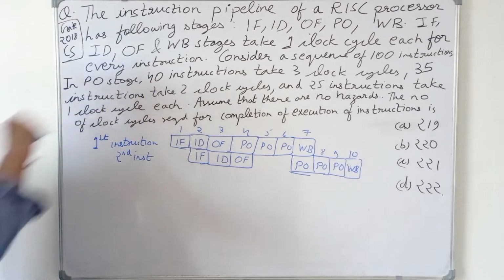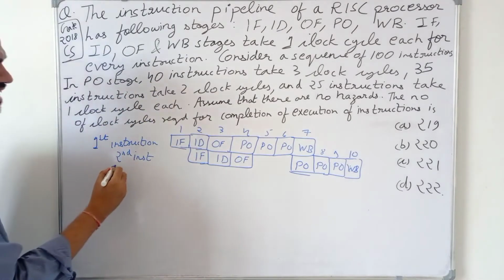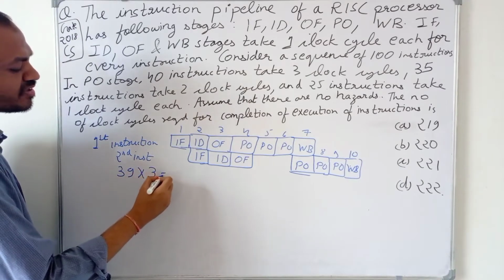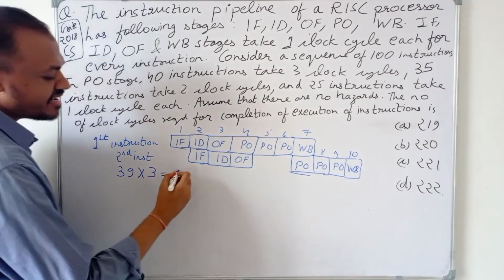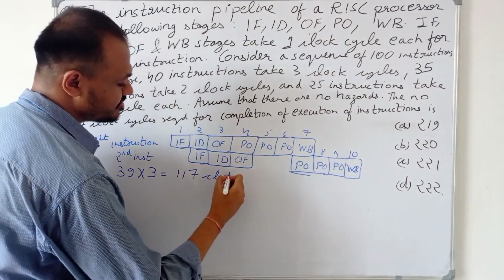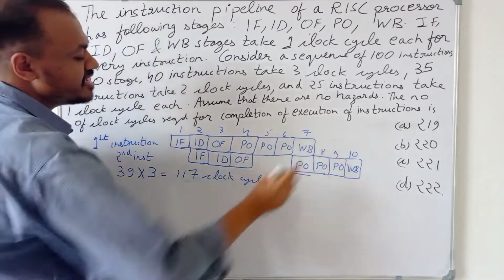Now there are 40 instructions which take 3 clock cycles. After the first instruction there are 39 instructions, and all of those will take 3 clock cycles extra. So 39 into 3 equals 117 clock cycles extra with the first instruction.